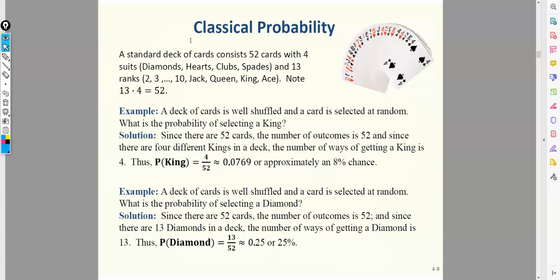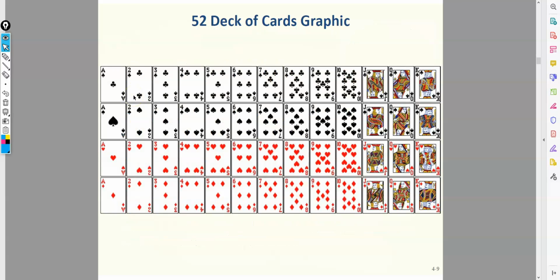Now let's consider two more classical probability examples. Before we do these two examples, we need to understand how a deck of cards is organized. A standard deck of cards consists of 52 cards with 4 suits, diamonds, hearts, clubs, spades, and 13 ranks. For example, this graphic might help.